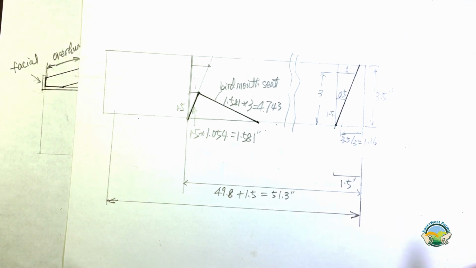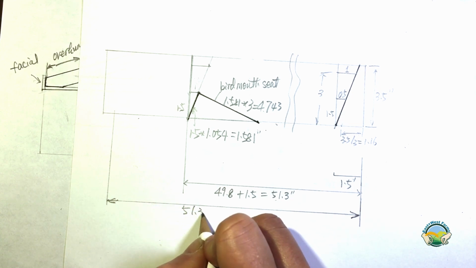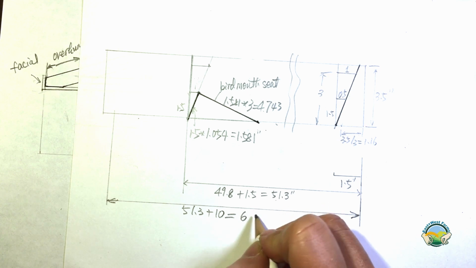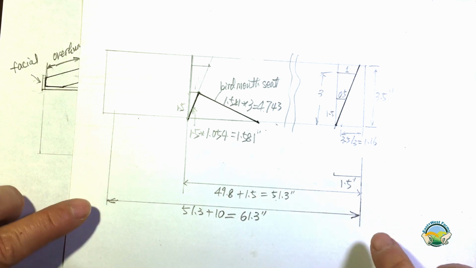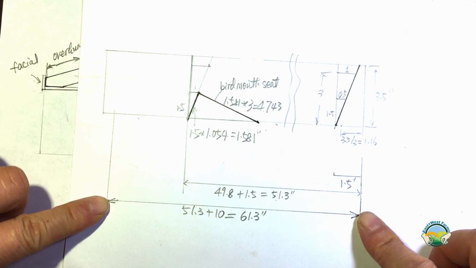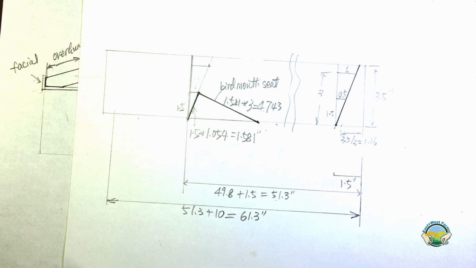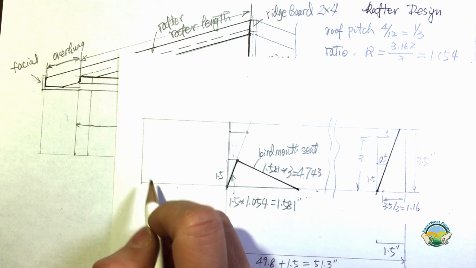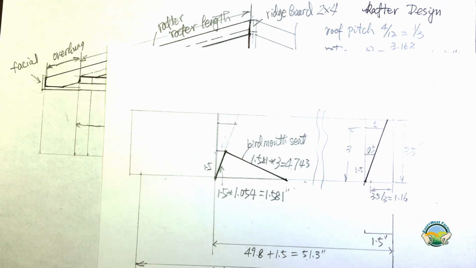And that dimension is 51.3 plus 10, that's my overhang, and that gave me 61.3 inches. So you measure from here to there, 61.3 inches, and that gave me the end of that plumb line.